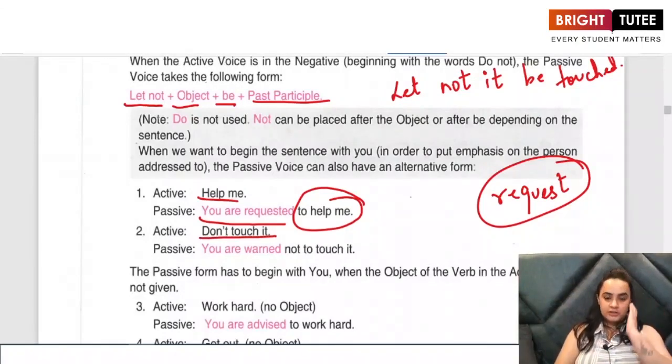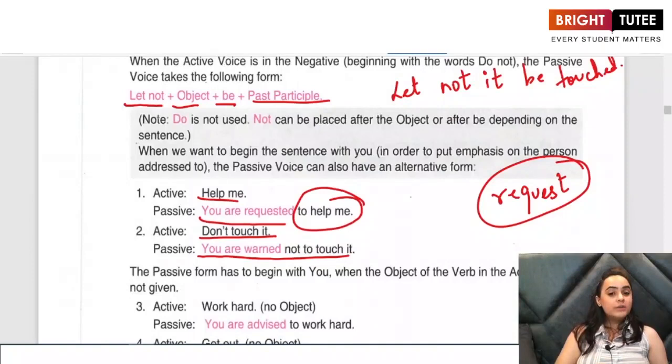Don't touch it, as I told you above. There are two ways. Let not it be touched, or you are warned not to touch it. Don't shout. You are warned not to shout. Don't go there.